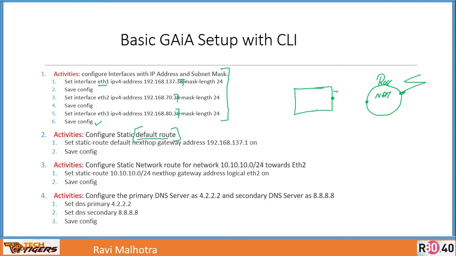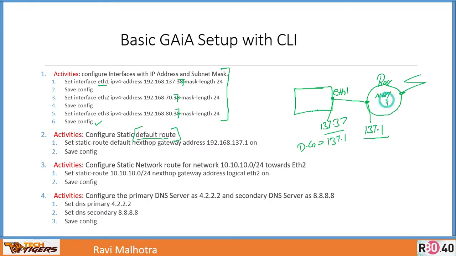This interface, which is my ETH1, is connected to this router interface. This router interface is 137.1, and this IP address of my firewall is 137.37. So first thing is that I should be able to ping 137.1, and I need to change my default gateway to 137.1.